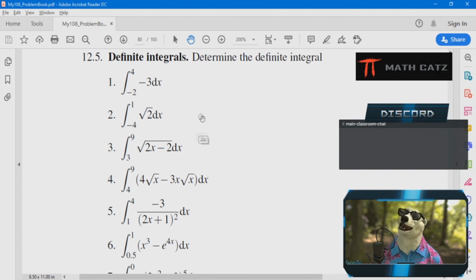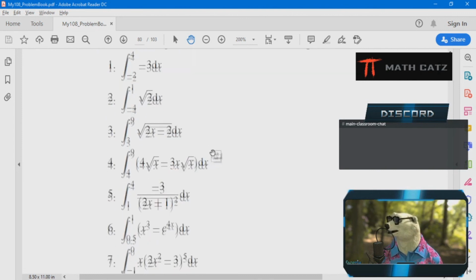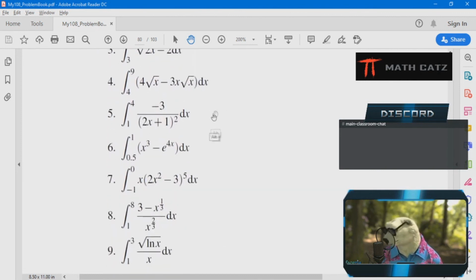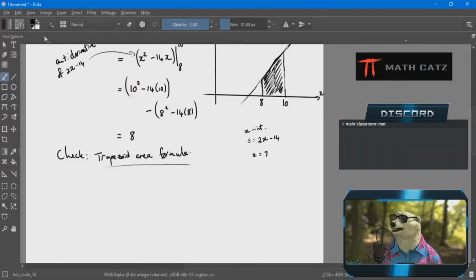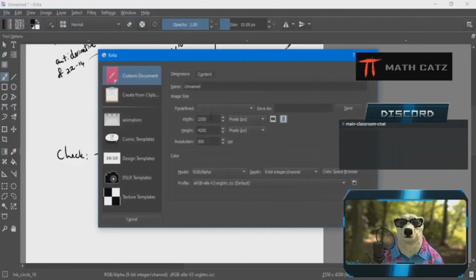I just have to go a little bit further, just a little bit, by plugging in the values, top minus bottom. So if I take, for example, something simple, give me something simple. Let's say this one. Number 6. Let's make a new page here.